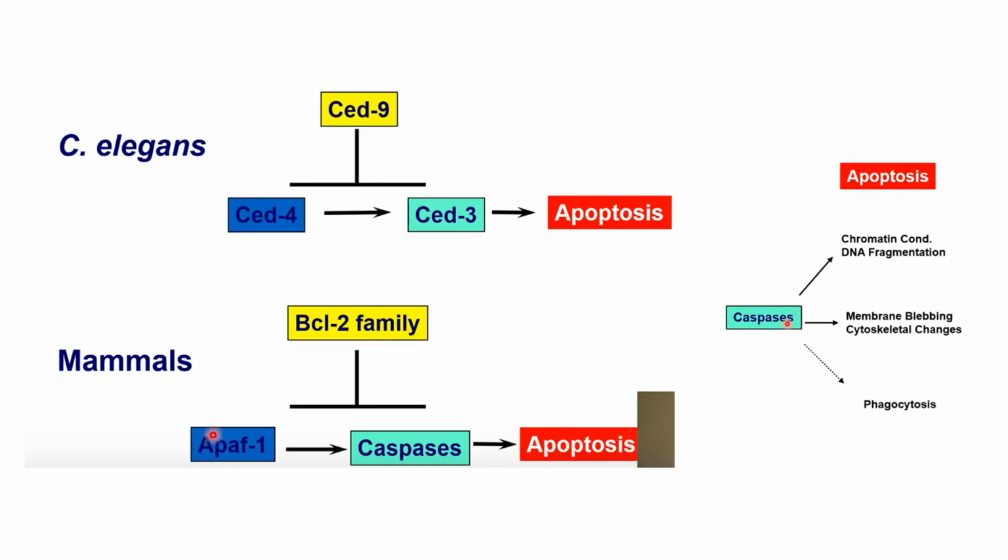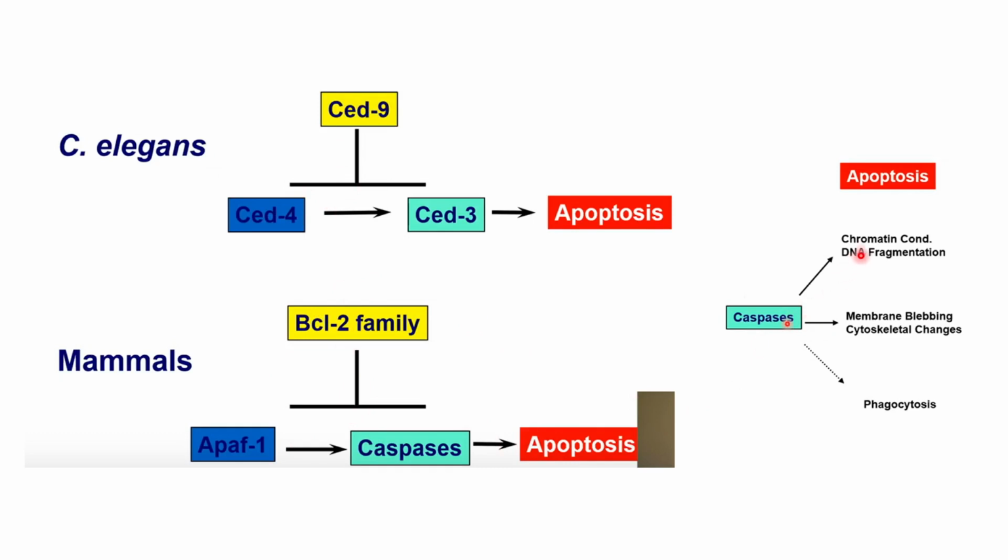Okay, other players are also involved, which regulate this caspase. So APAF1 is one such factor, and APAF1 is also regulated by cytochrome C, which we'll be discussing further. Okay, so APAF1 will target the caspase, and then caspase will activate the apoptosis. And the BCL2 family inhibits this apoptosis pathway, as was seen with CED9. So these are the homologs of these C. elegans proteins, which are found in the mammals.